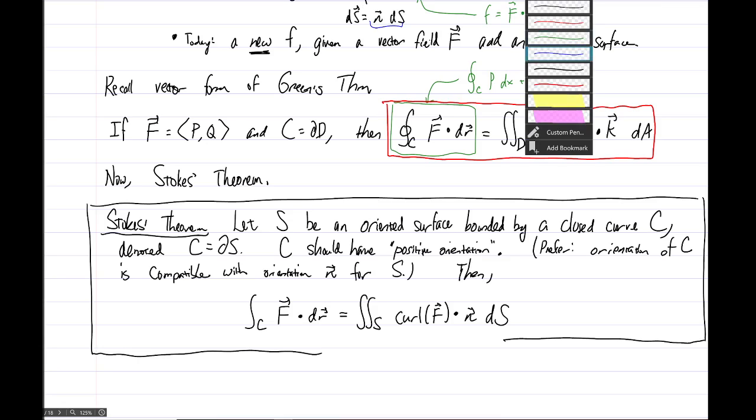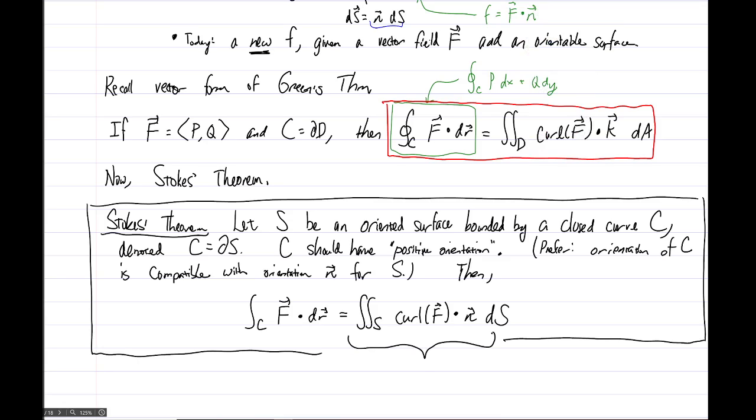One other comment is that I don't prefer the way the book states it, but I should mention that the book's version of the right side looks like this: double integral over S of curl of F dot dS.